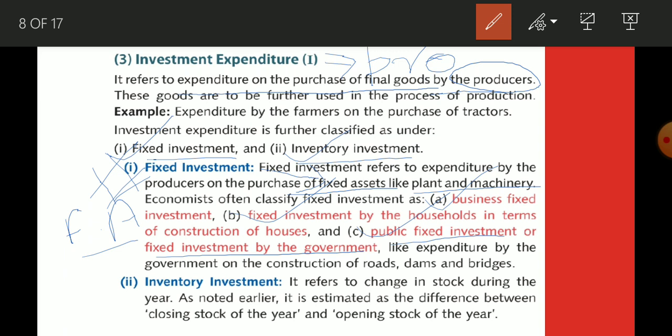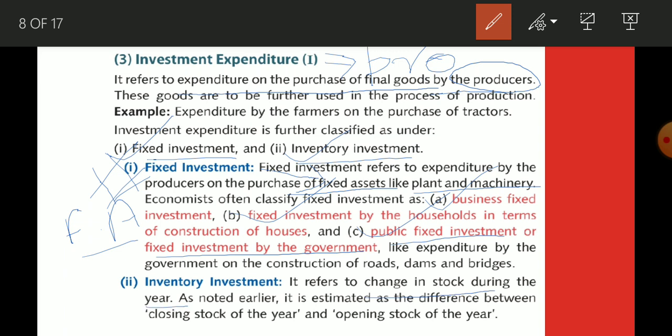Inventory investment is related to stock of final goods, semi finished goods, and raw material. It is related to change in stock during the year.